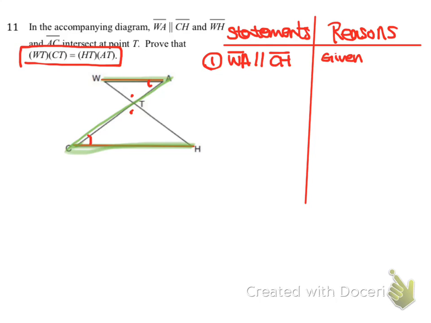Alright, now step number 2 is this. As soon as you see the parallel lines, we can say angle A and angle C are congruent. It's congruent to angle C because alternate interior angles are congruent in parallel lines.